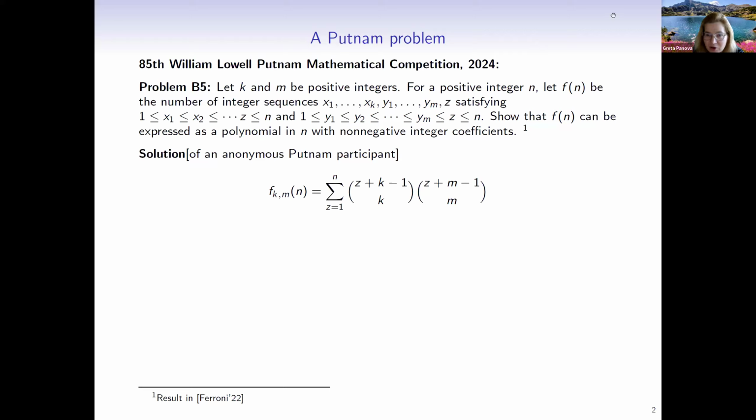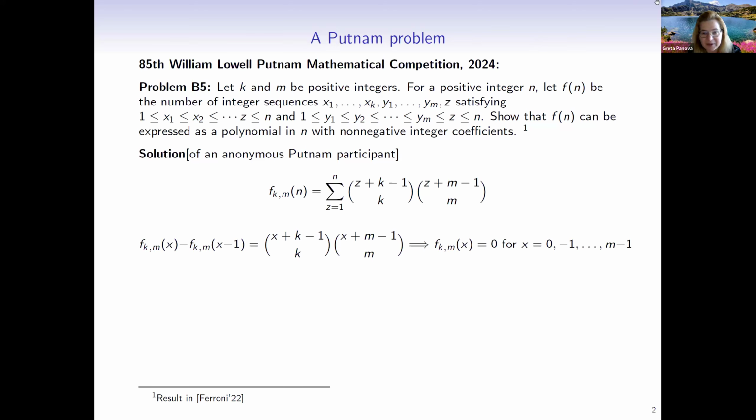It's not at all obvious that this is a polynomial, but I think you guys should know. I'm not going to prove this part, that it is a polynomial. But let's see how we can figure out the positivity in this case.